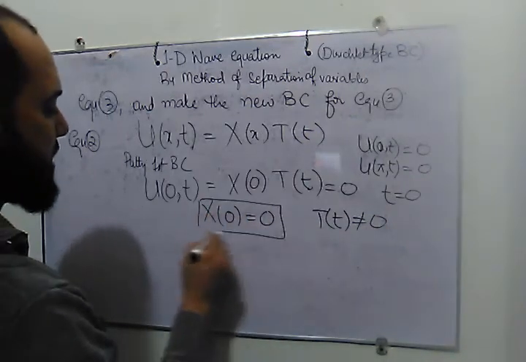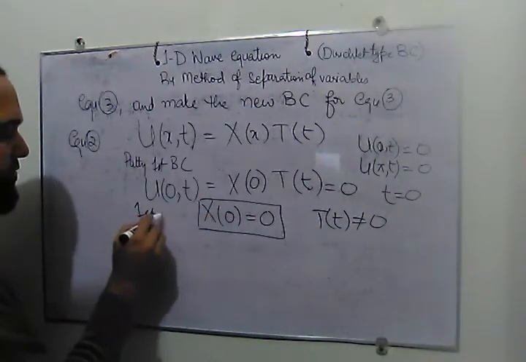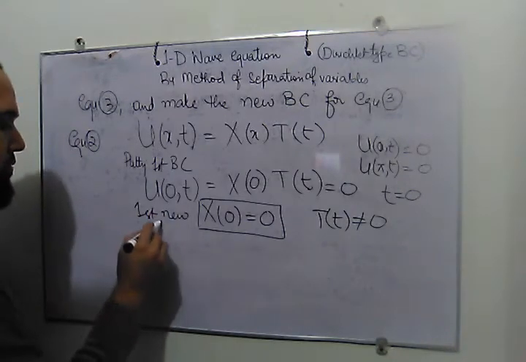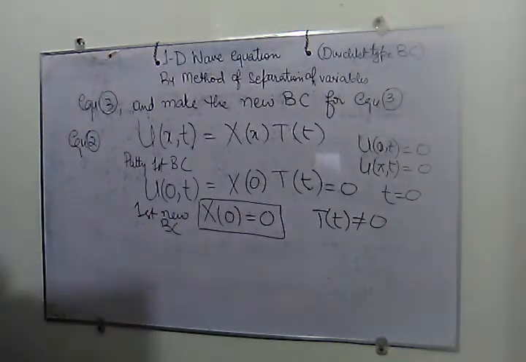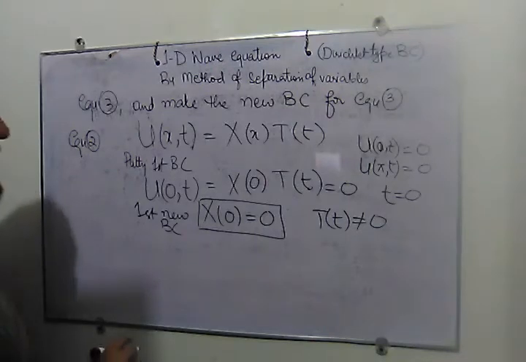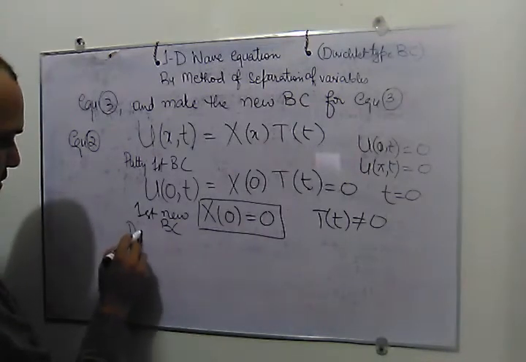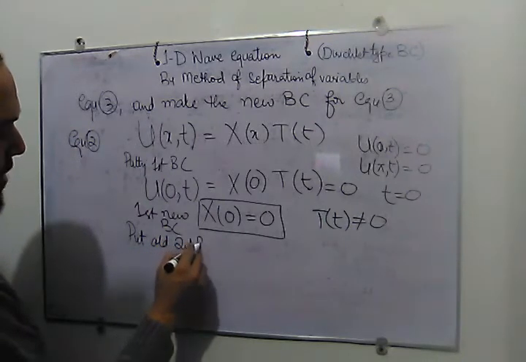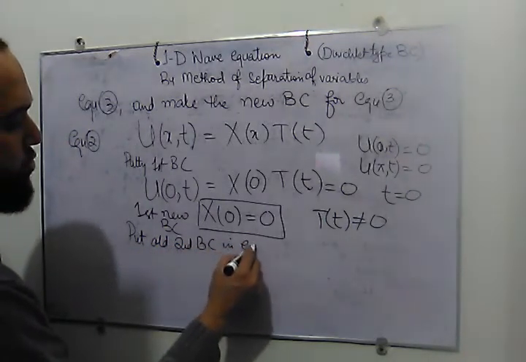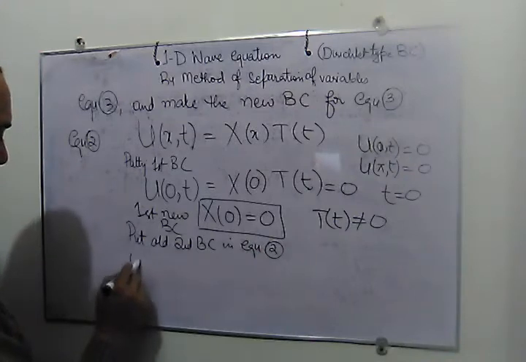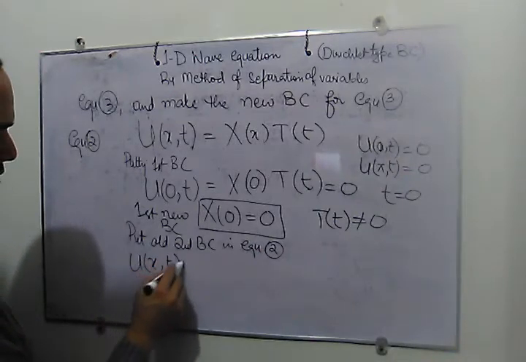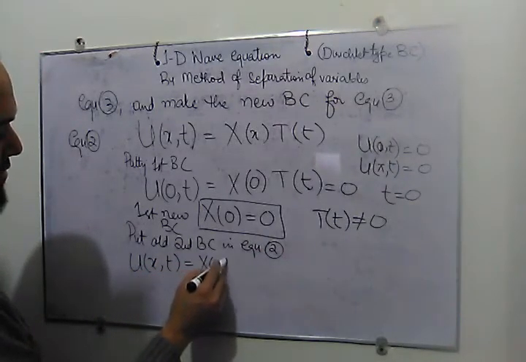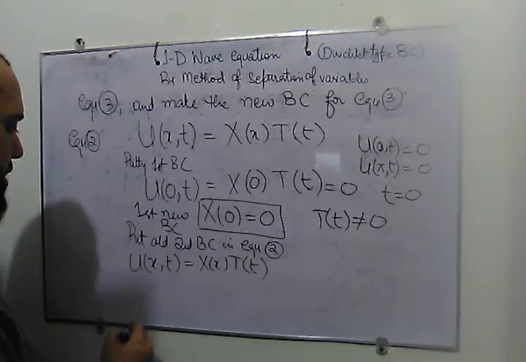So we call it our first new boundary condition. And in order to get the second new boundary condition, we put the old second boundary condition in equation 2, which is u(x,t) equal to X(x)T(t).